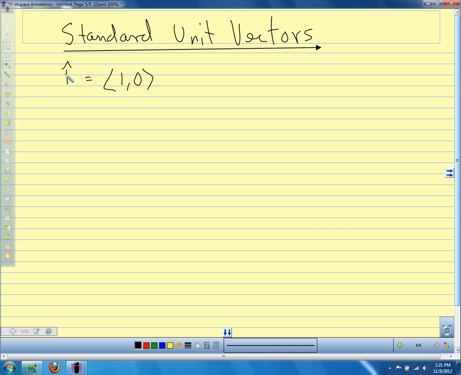Our standard unit vector i is 1, 0, and j is 0, 1. So these are just a vector in the direction of the x-axis with a length of 1, or in the direction of the y-axis with a length of 1.